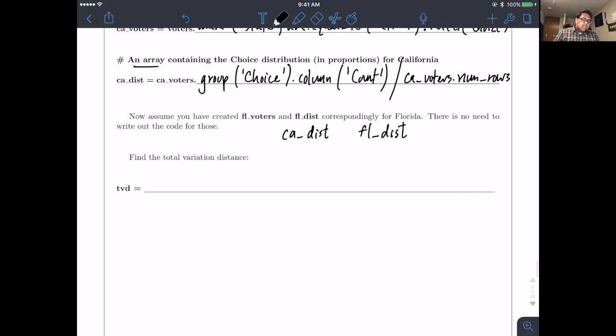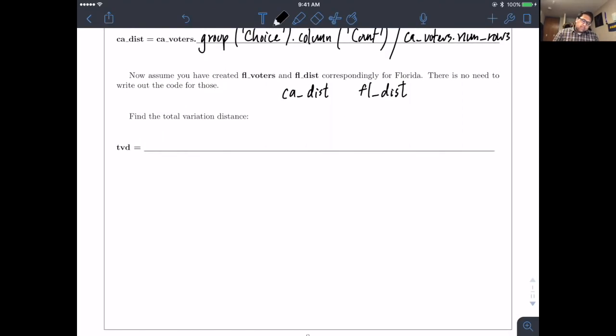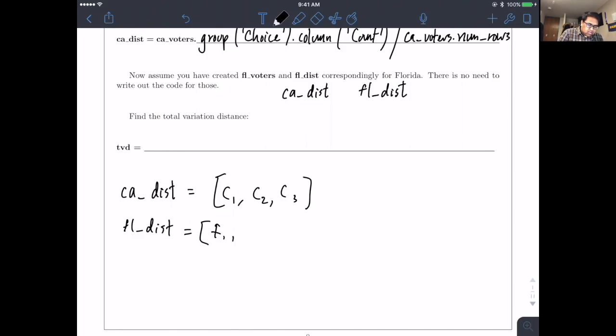Right? So now, the definition of total variation distance, if you don't remember, is, so for example, say we have CA dist is equal to, I don't know, C1, C2, and C3. And say FL dist equal to F1, F2, and F3, right?